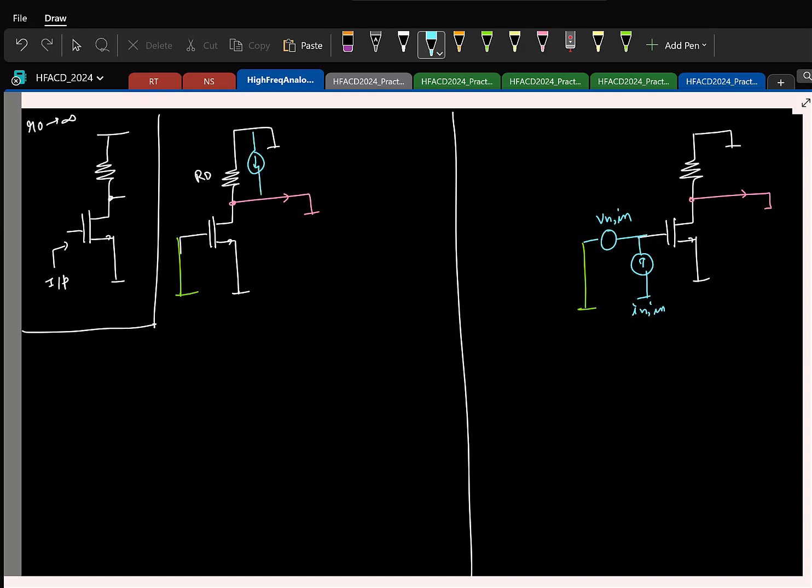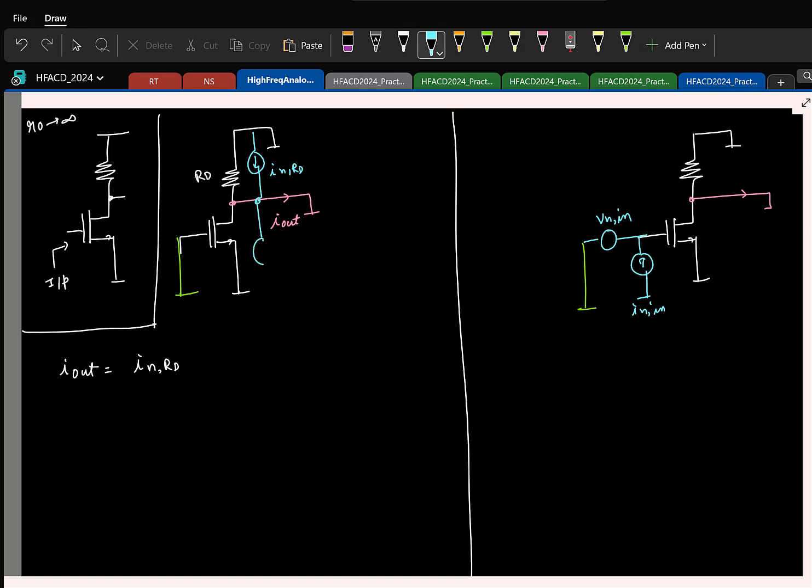So let us say model this guy with a noise current IN. Remember that the polarity of the current doesn't matter, because finally we are taking the power spectral density, so it goes off. So if this is the noise current here, what is the short circuit current? Yeah, so I out will be the same, so you mark it clearly, this is I out. So due to the resistor, I will get the entire noise current at the output.